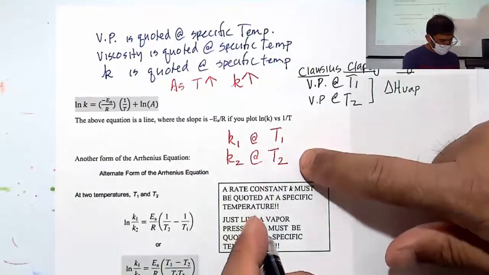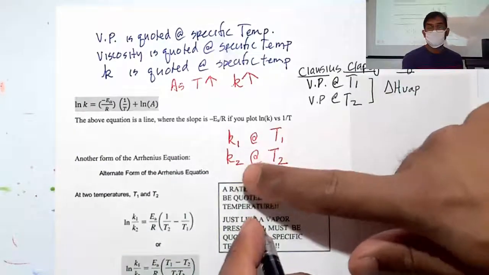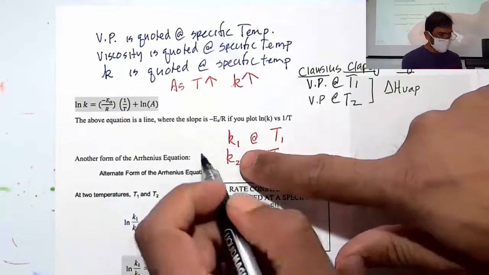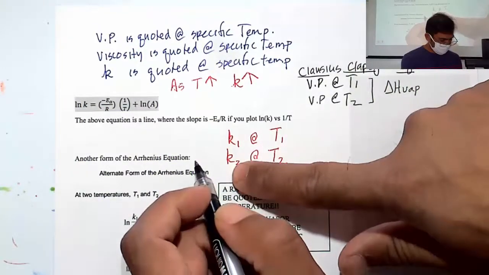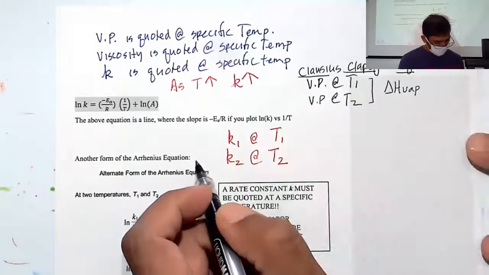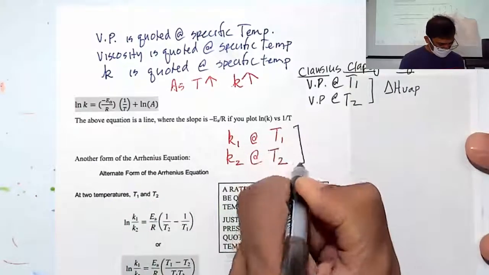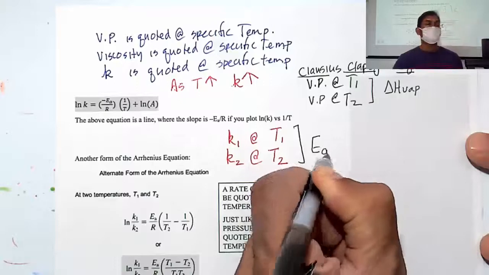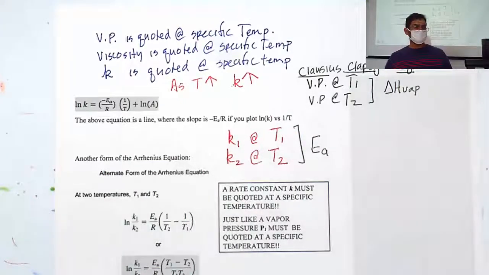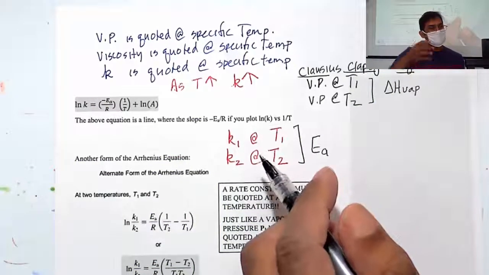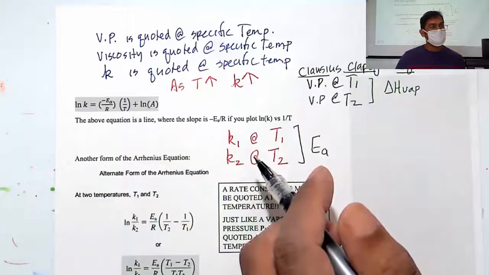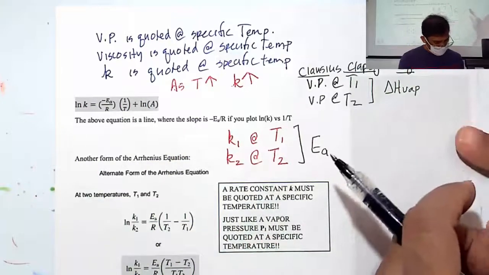Here we have a K1 rate constant at temperature T1 and a K2 rate constant at temperature T2. What bridges the gap is the activation energy. We talked about the activation energy in our previous lecture. Remember, that's the hump, the barrier you have to get over to go downhill into products.